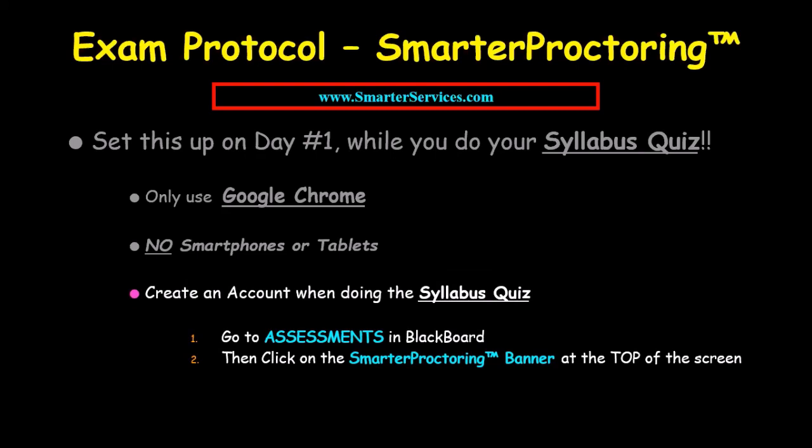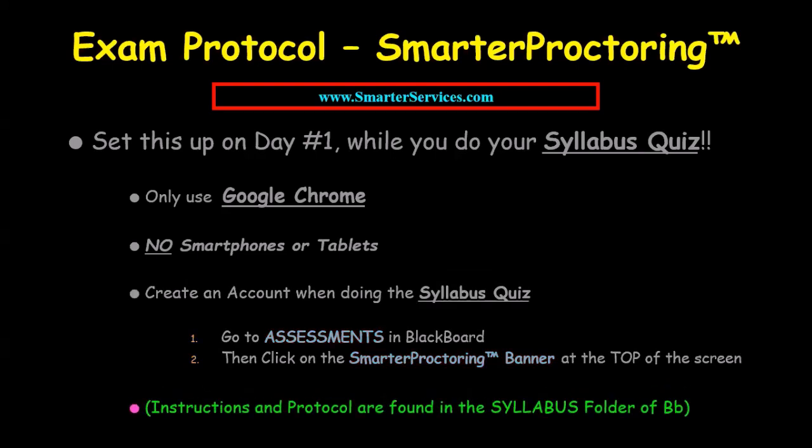When you click on that, it will give you instructions on how to go about signing up for the account. And then it's going to have you download the extension to be put into the Google Chrome browser. If you have any other questions, it's pretty straightforward, but we have instructions also in the syllabus folder of the Blackboard course.